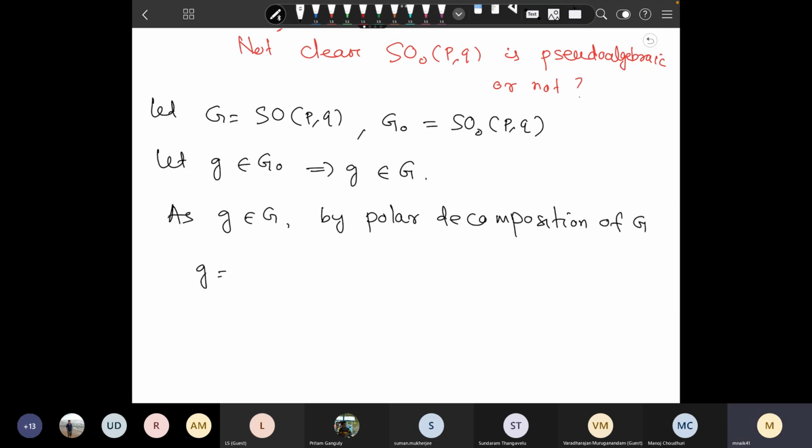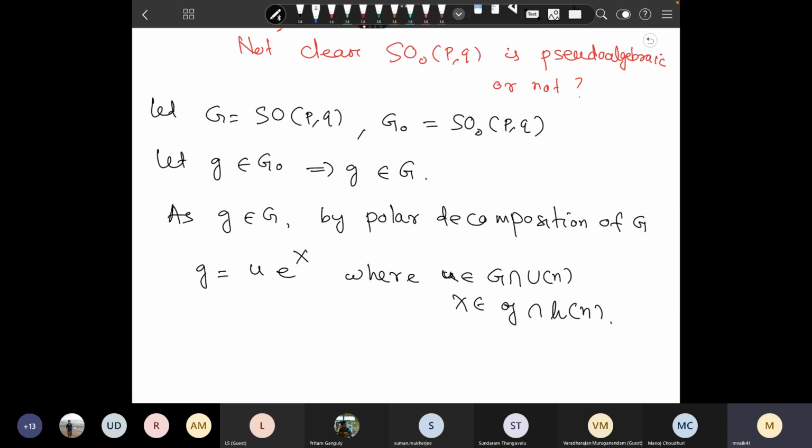Now, as g belongs to G naught, and as g belongs to G, by polar decomposition g is equal to some U e to the power X, where U belongs to G intersection UN and X belongs to the symmetric part.